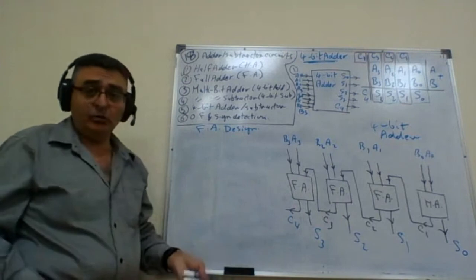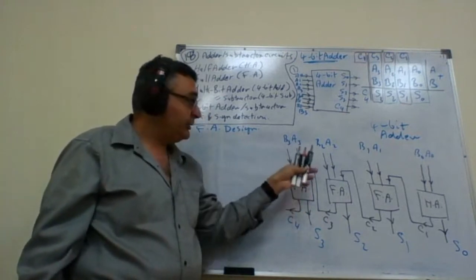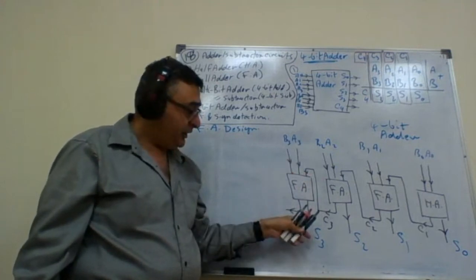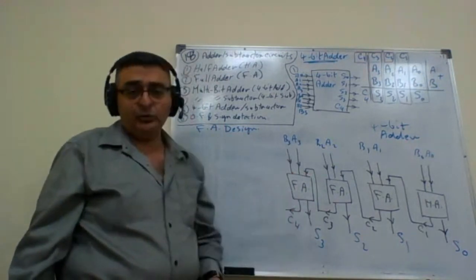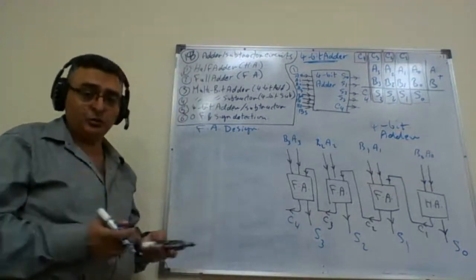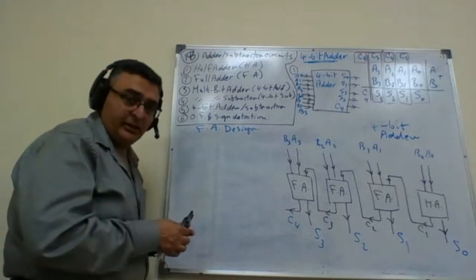The answer is yes. Why? Because the full adder is a circuit that is supposed to add 3 bits together and produce 2 bits as the output. And this is manageable through the K-map, through the truth table. So here I can follow the standard design.